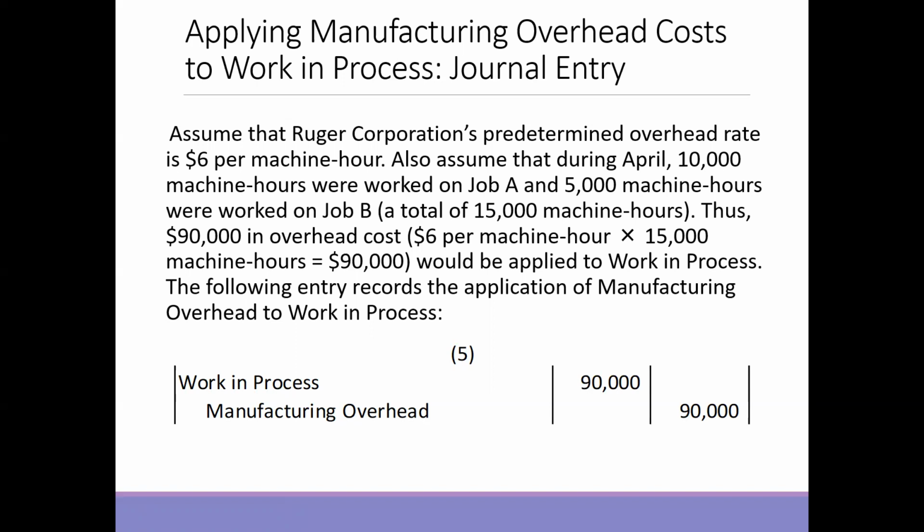So we're going to take 15,000 machine hours times $6 an hour and apply that to the two jobs. So we're going to show it going into work in process and being credited to manufacturing overhead. Okay?